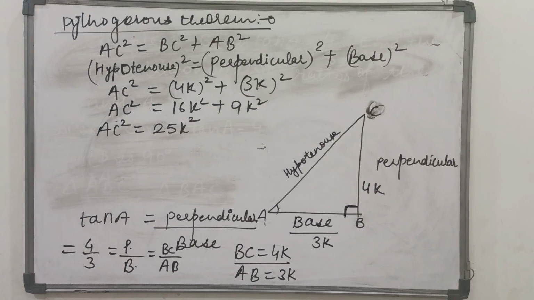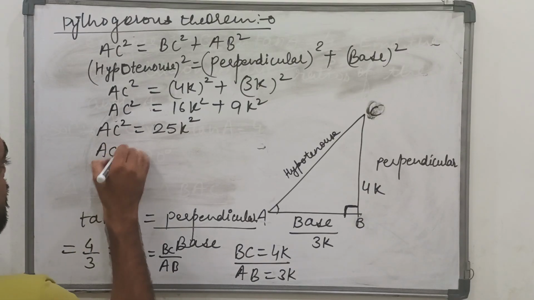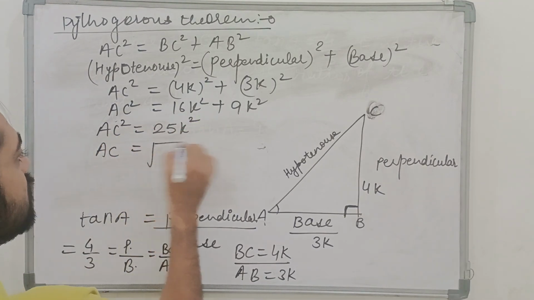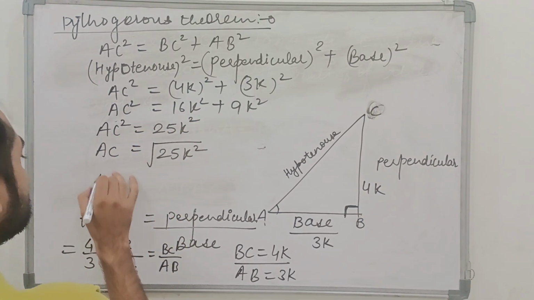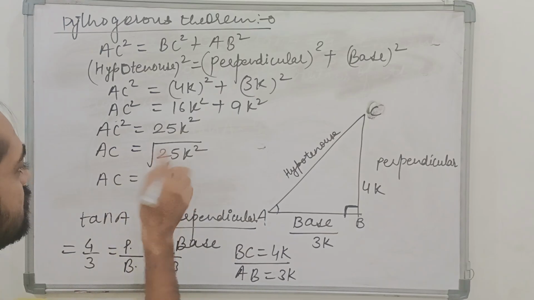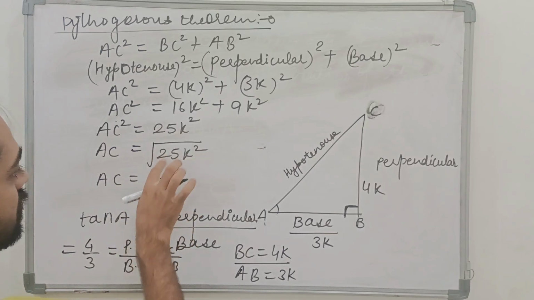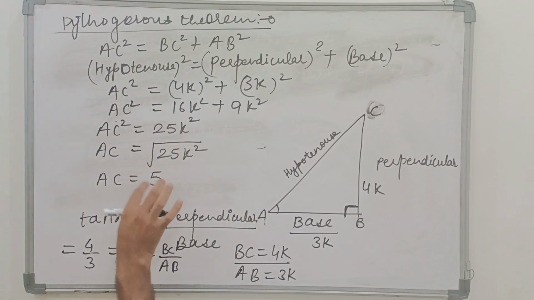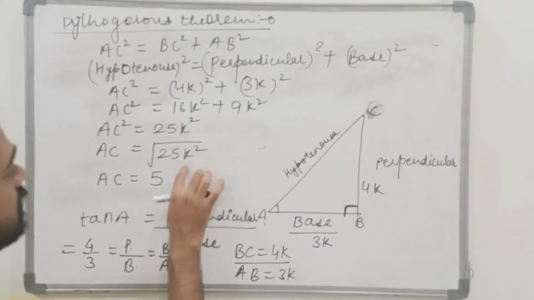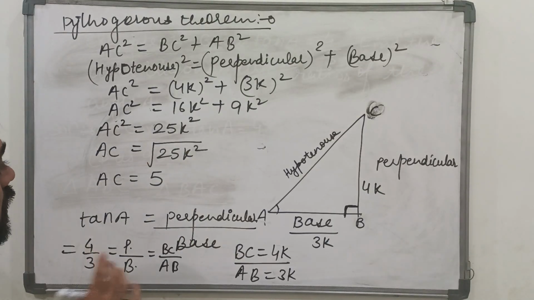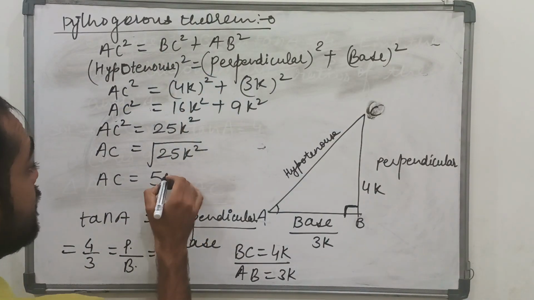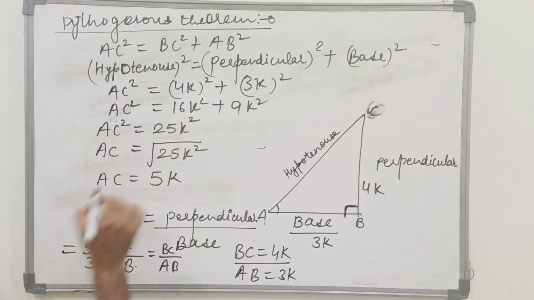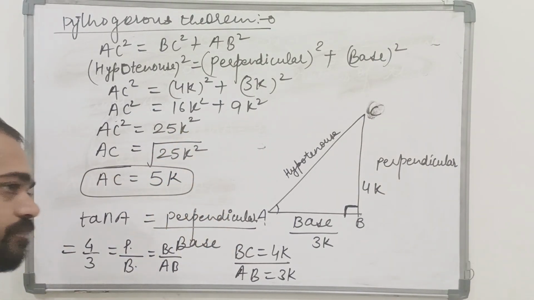If we take the square root, AC is equal to the square root of 25K square. 25 is a square value and 5 is the square root of 25. The square root of K square is K. So this is 5K.